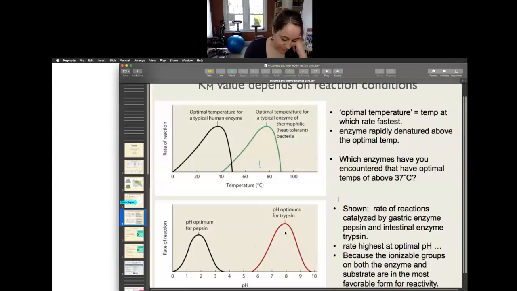So for most enzymes, we would expect there to be a normal pH or a neutral pH. So this might be for an average enzyme in your body, like DNA polymerase maybe.